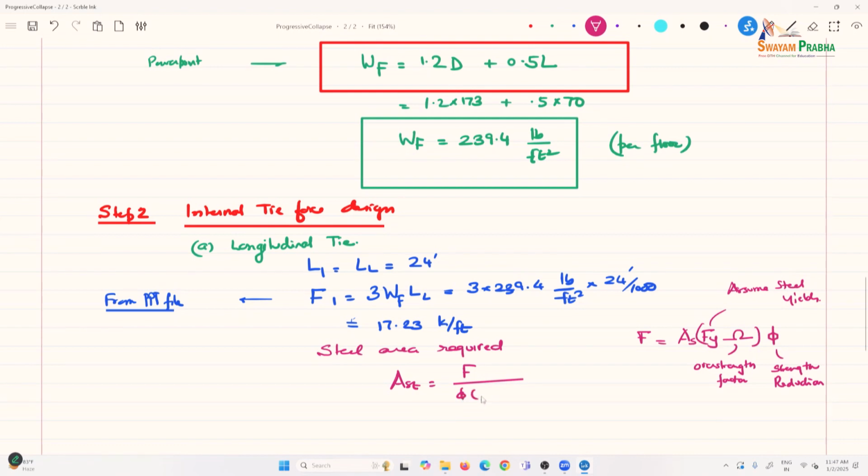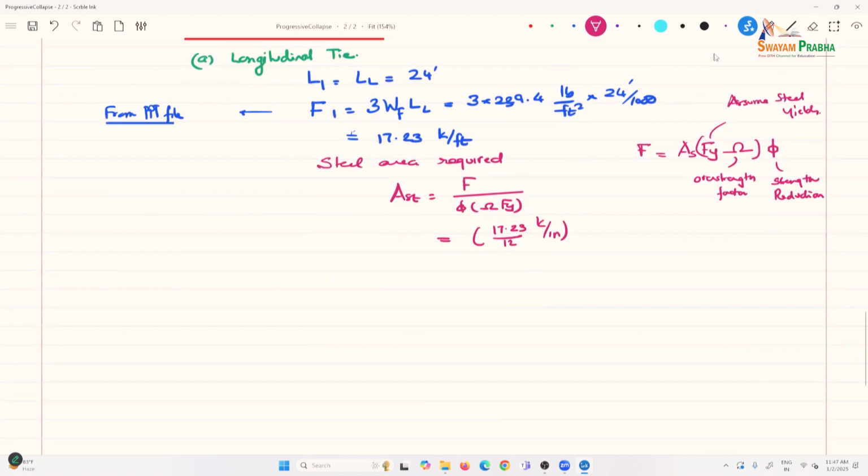So, the strength reduction factor is phi. So, you have here F divided by phi times omega Fy. The force is so many kips per foot, 17.23 divided by 12 kips per inch, divided by 0.75 and 1.25 multiplied by Fy, which is 60.